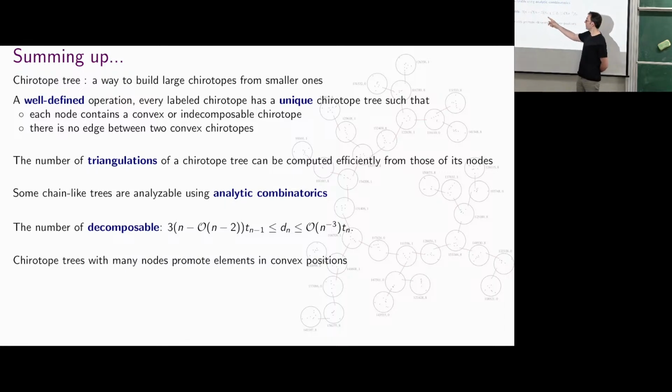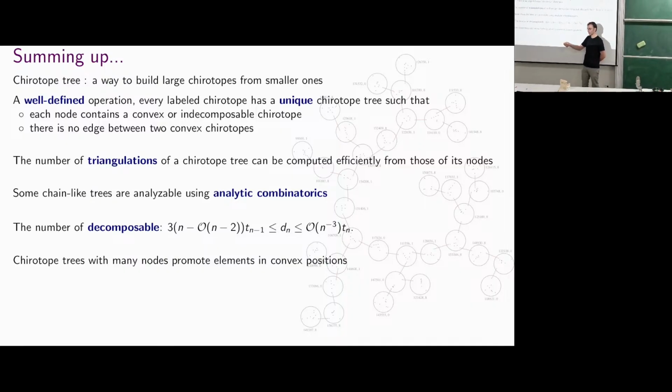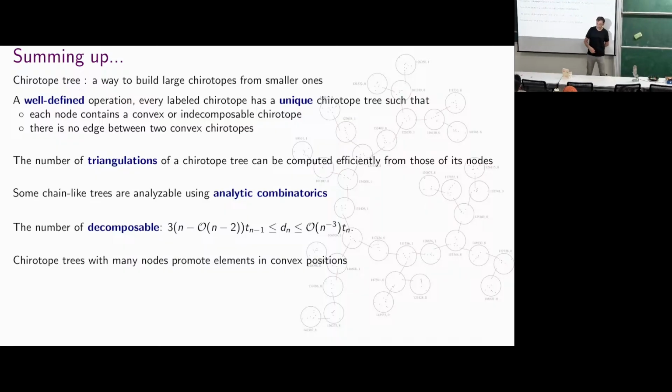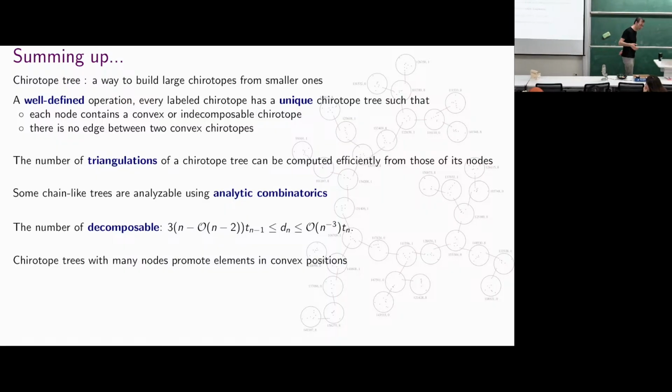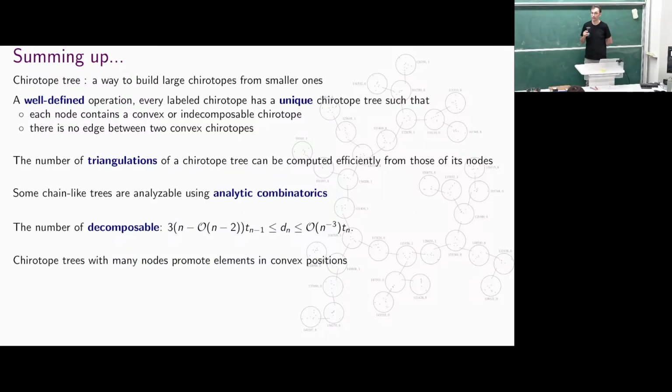Because here, to get this inequality, we use a lower bound on the number of extensions of a realizable chirotope. That's what we were trying to do, and that's why I was interested in it. That's an interesting side of the question.